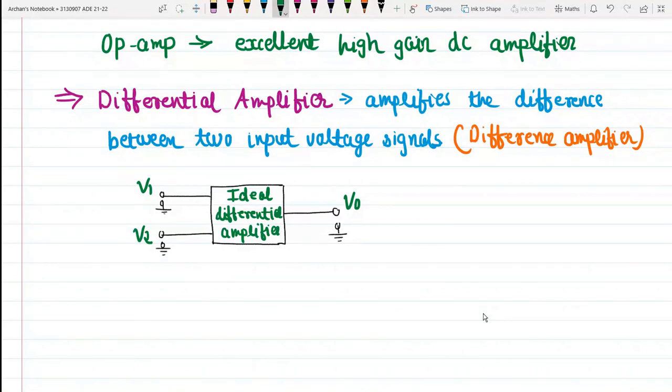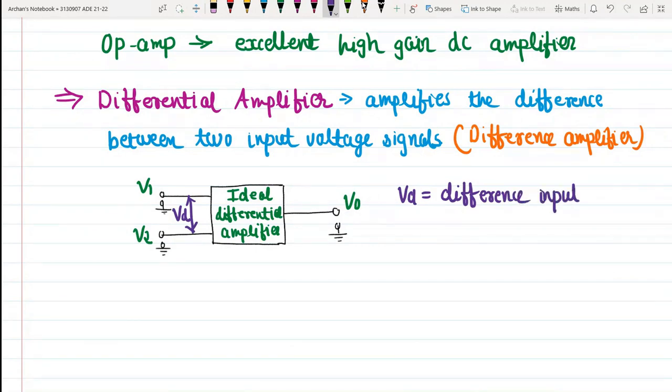Here you can see two inputs V1 and V2 are available. The actual input will be the difference between those two inputs. Let us call this difference VD, my difference input voltage, and its magnitude is equal to V1 minus V2.